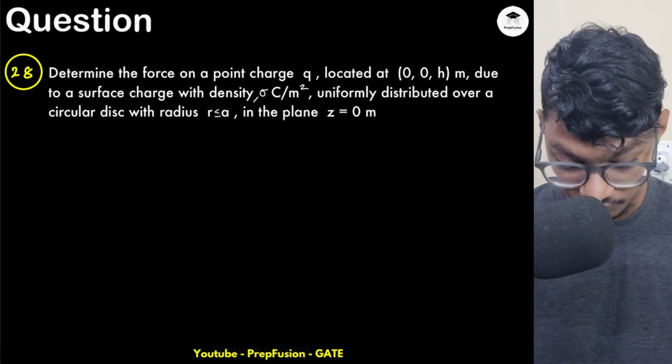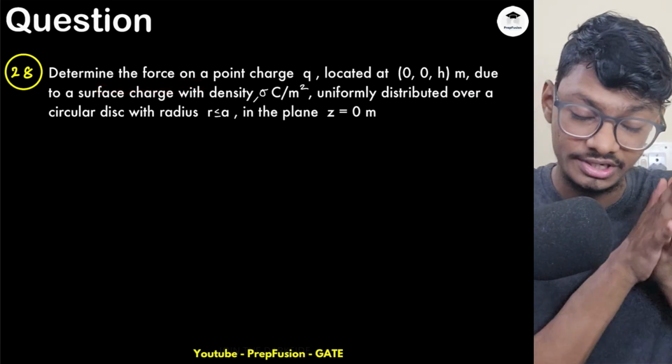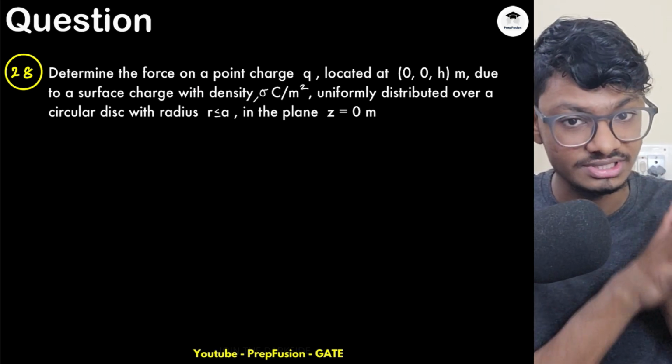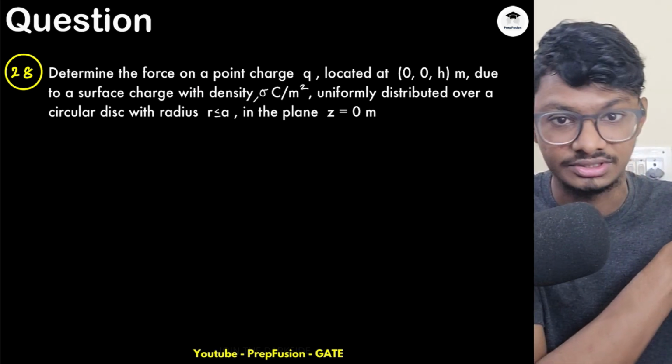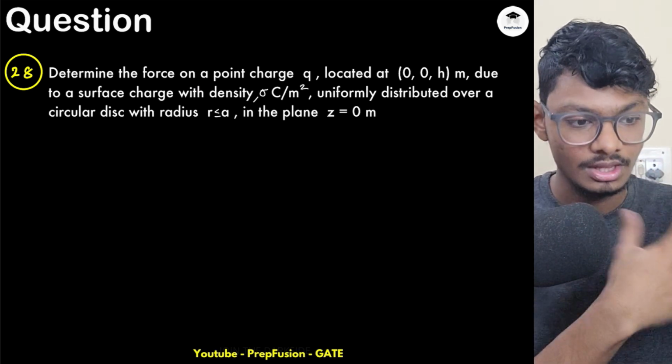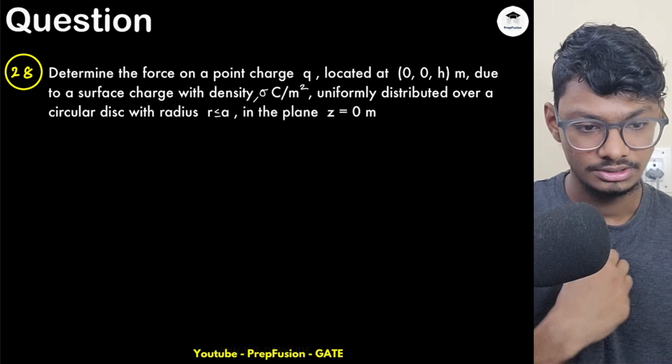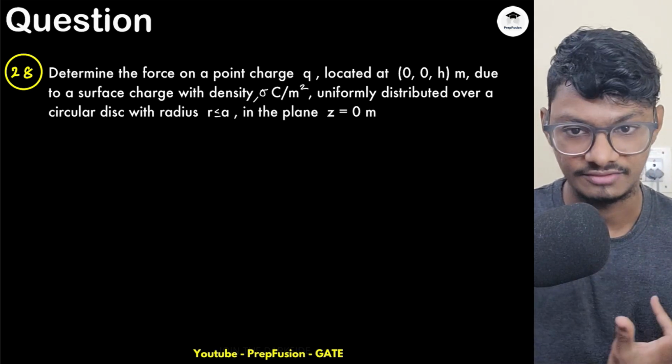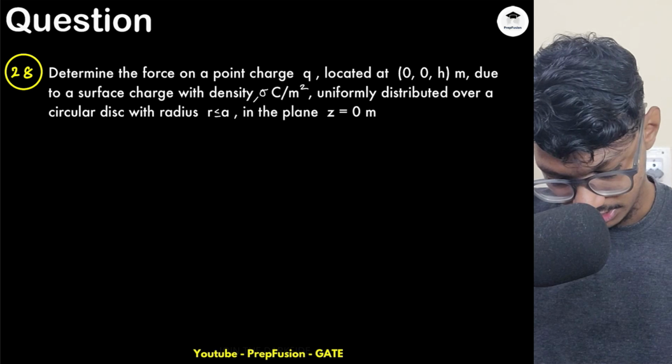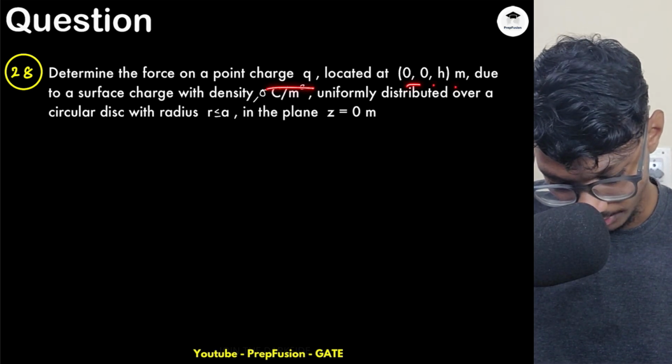So determine the force. For us to determine the force, it is a two-step process in a charge: first the electric field is generated, then I detect a force due to that electric field on a point charge q located at 0, 0, h.